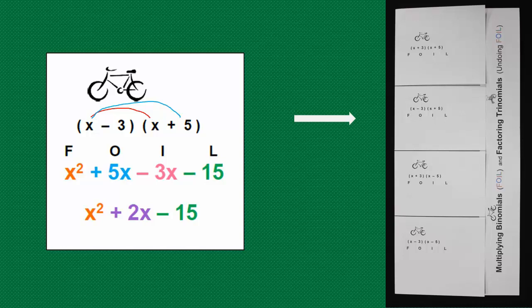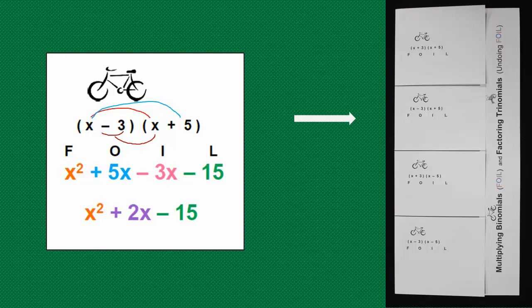And then we have negative 3 times x for the inside. Notice that I'm taking the negative sign with the 3. So the answer for the inside is negative 3x.